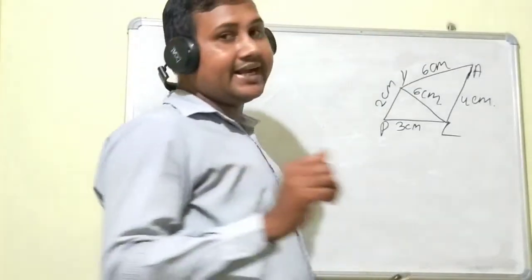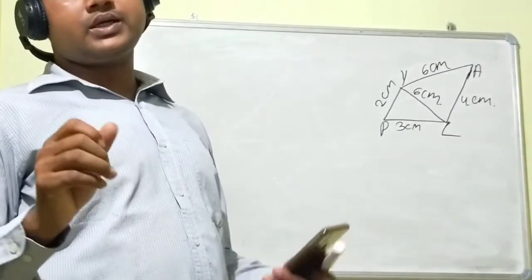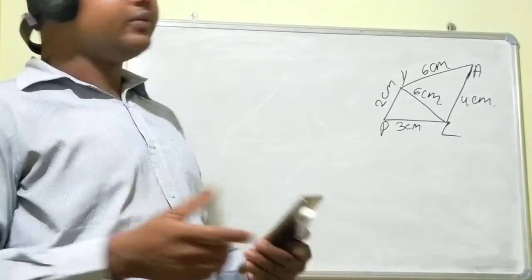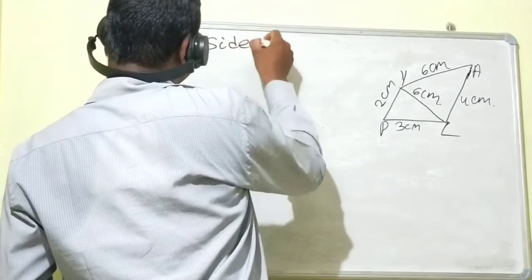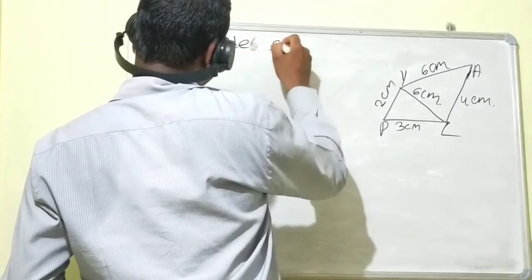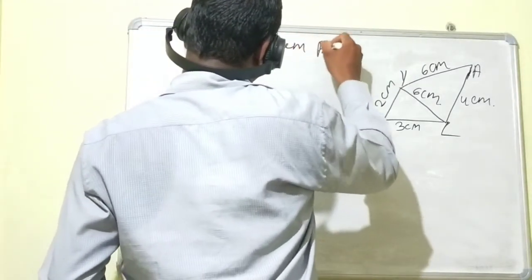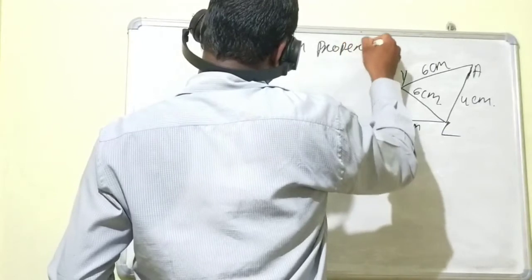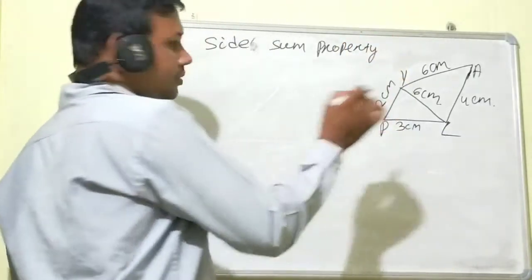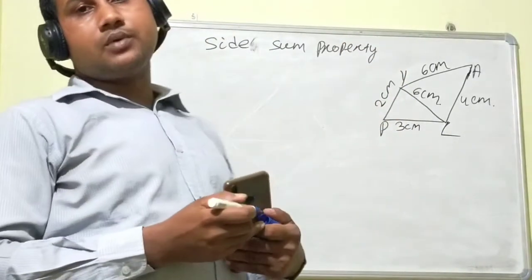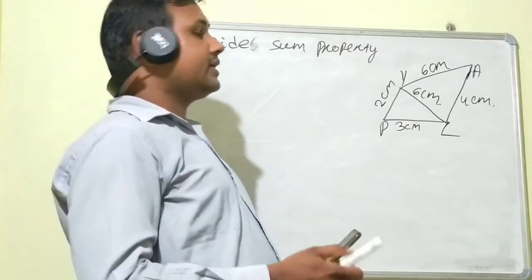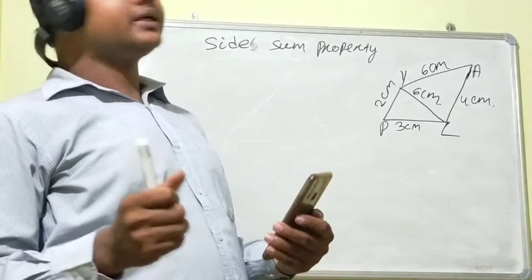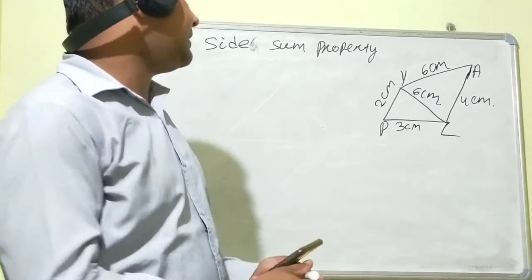What's the value? We know the side sum property. What is the side sum property? It says the sum of any two sides of a triangle is always greater than the third side.